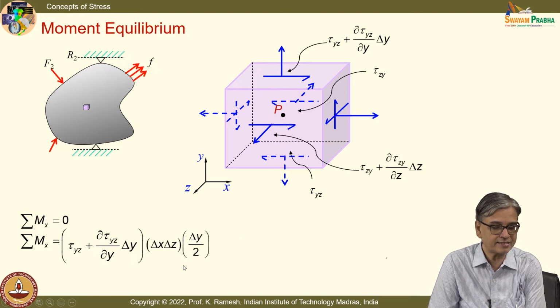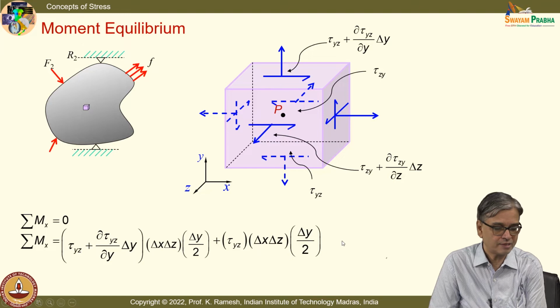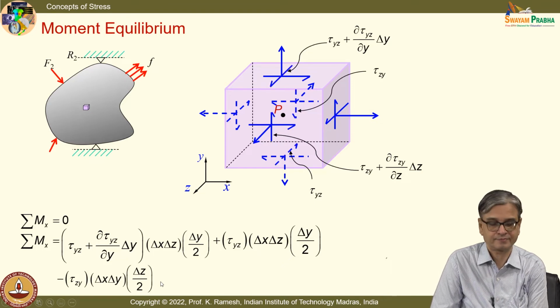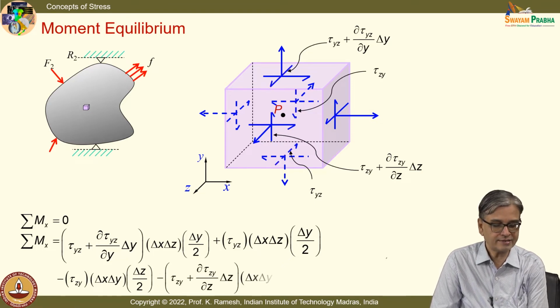The moment arm here is delta y by 2. And I have this as delta y by 2. For tau zy, it reduces to delta z by 2. So I get this, and I also simplify this expression.